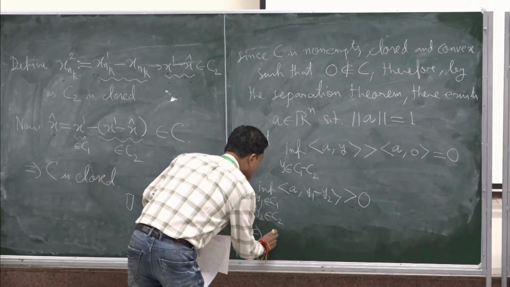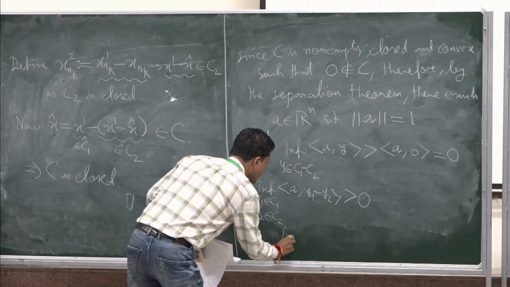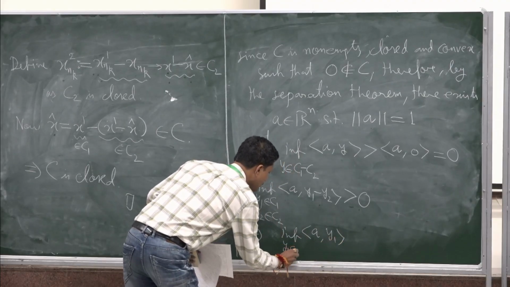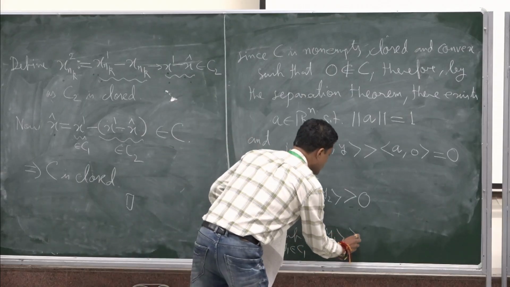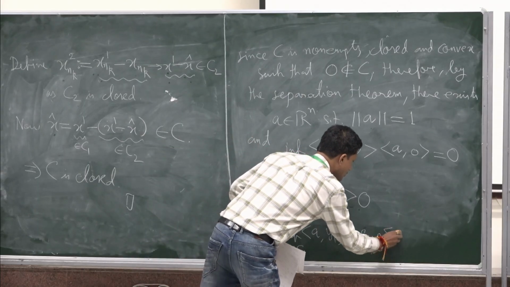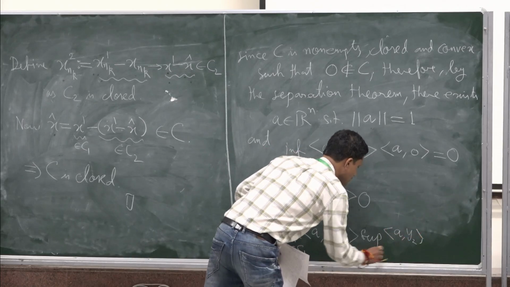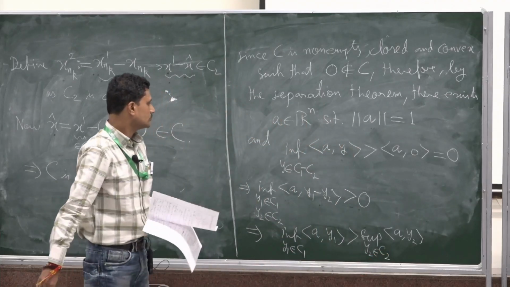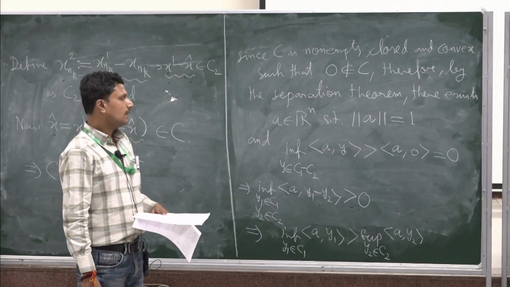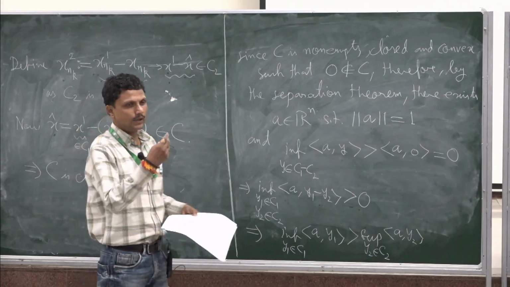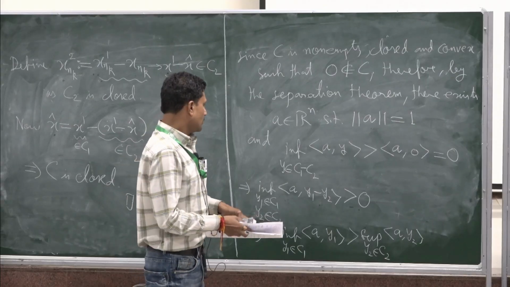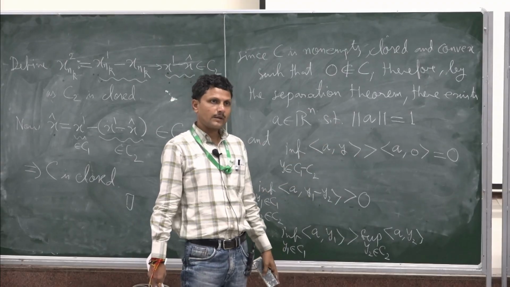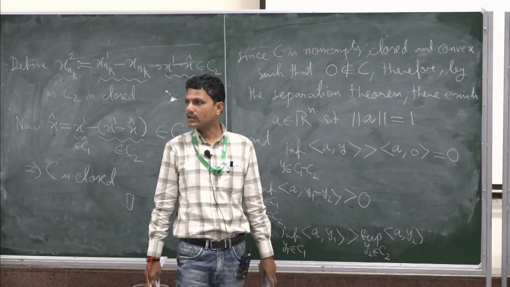We can write the infimum of A y1, y1 belongs to C1, is strictly greater than the supremum of A y2, y2 belongs to C2. And then again, as we discussed in the previous result, we can have some alpha in between, and that alpha will separate both these sets, right?